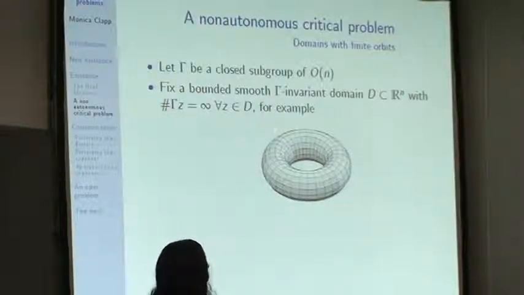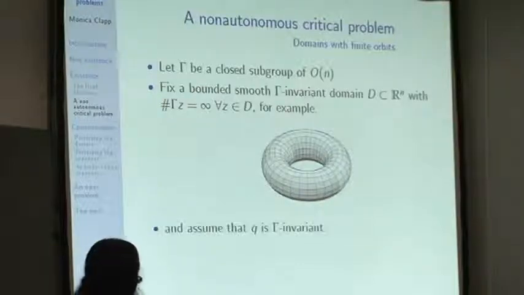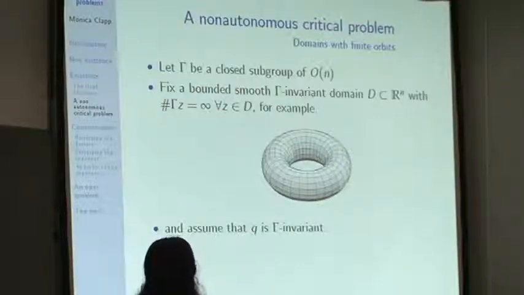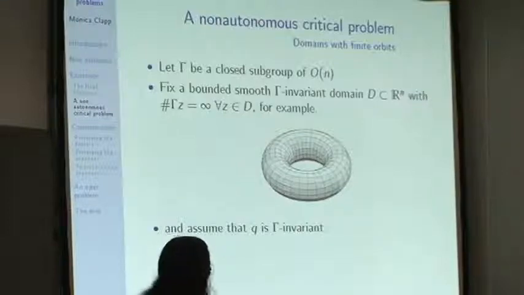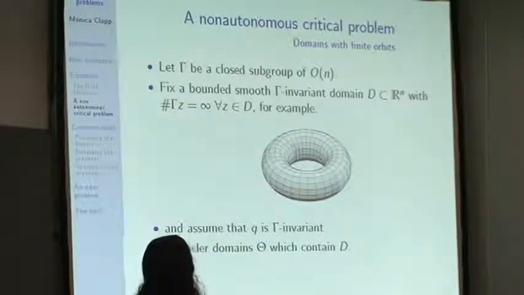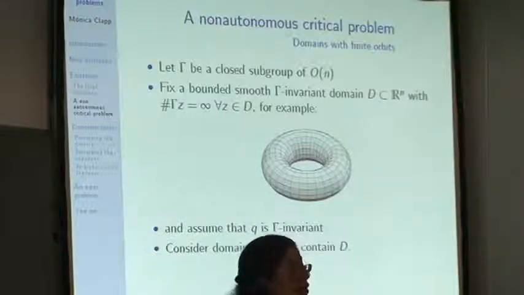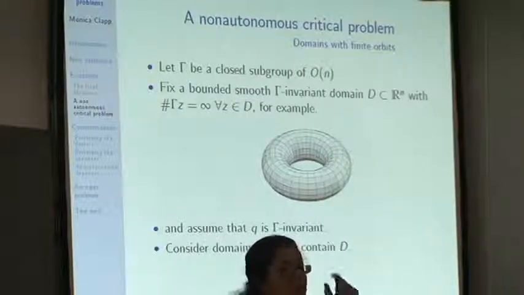So for example, say we fix a torus. And now we are assuming that our Q is gamma invariant. And we are going to consider domains which contain this fixed domain D. And now you tell me, I would like you to give me conditions for the problem to have 35 solutions.